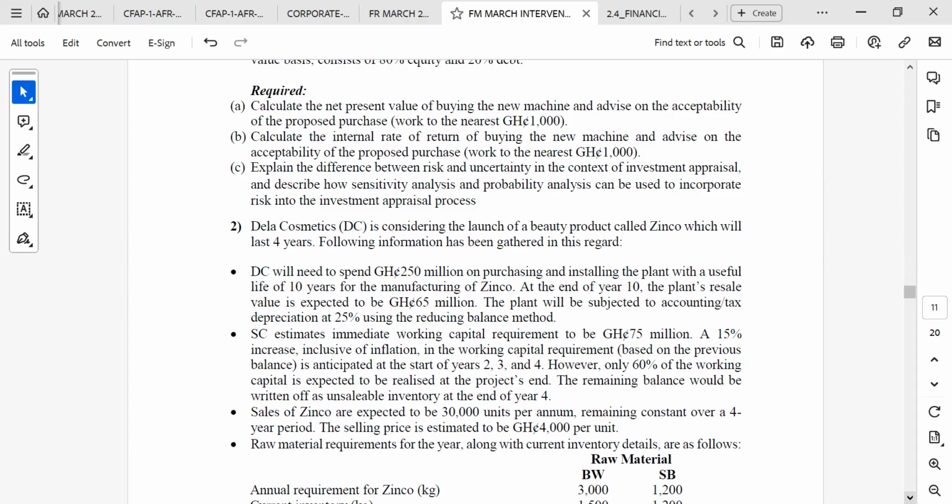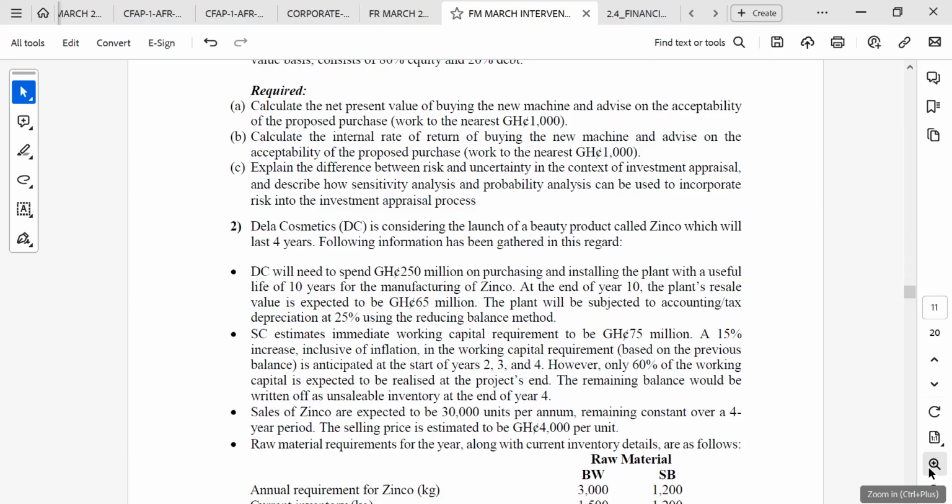Okay. So we'll be using 250,000. But what we have to do is that we have to be very concerned with the cash flows first.